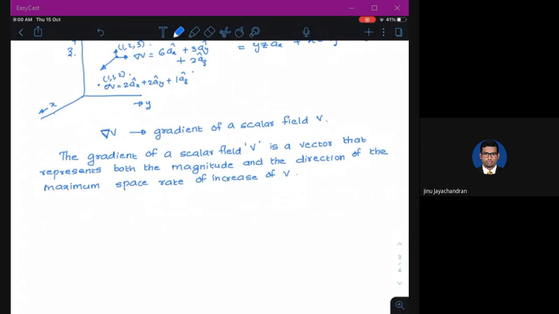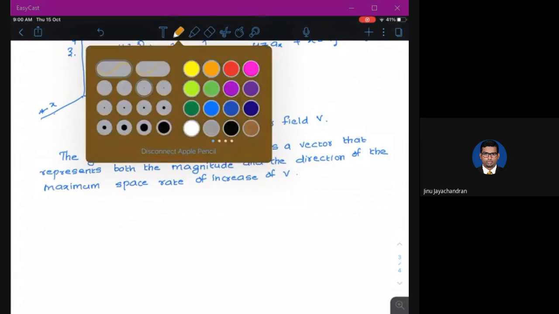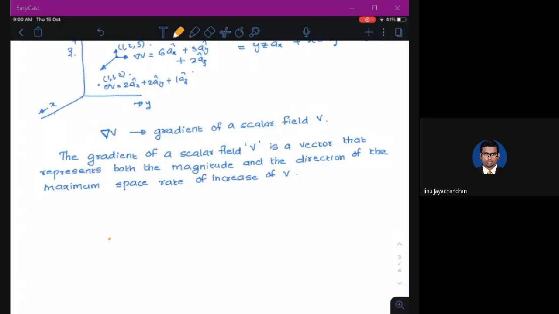Okay, so if you explain it in physical terms, if you move from, let's say, position A to position B, there is some space difference, because A might be at some point 0 and B might be at some point, let's say, 2.